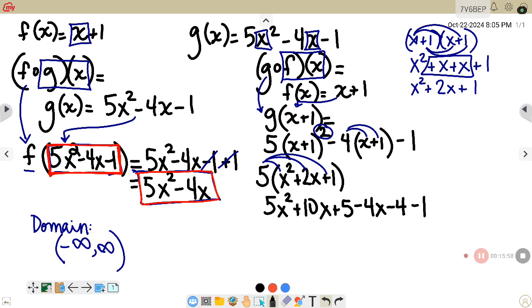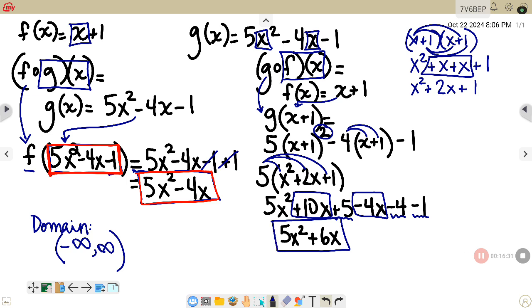There's no other x squareds besides that 5x squared. But I can combine this 10x and that minus 4x, which gives me positive 6x. And when I combine the constants, the 5, the minus 4, and the minus 1, I'm not left with anything because 5 minus 4 minus 1 is 0. So this is g of f of x.